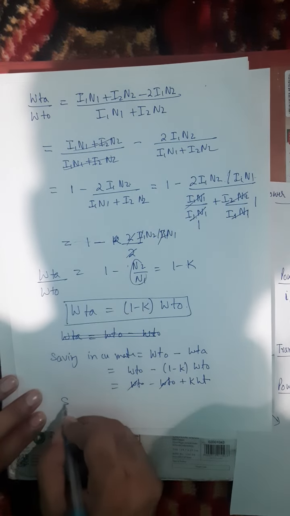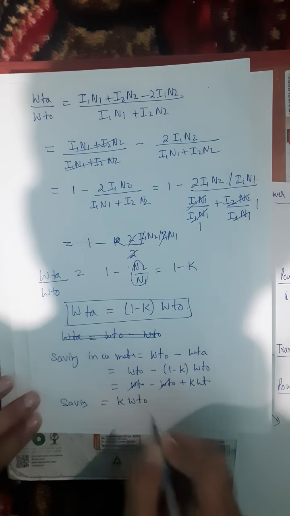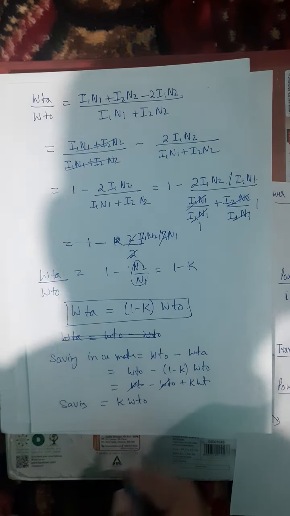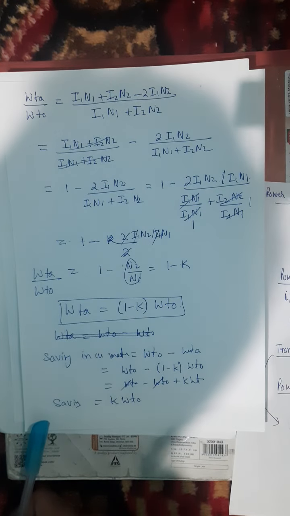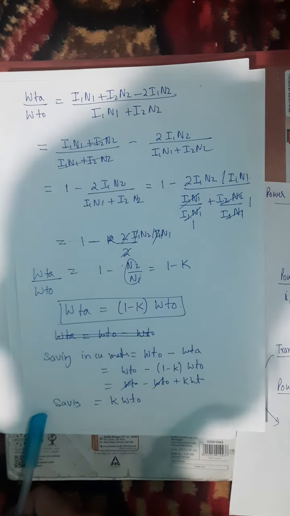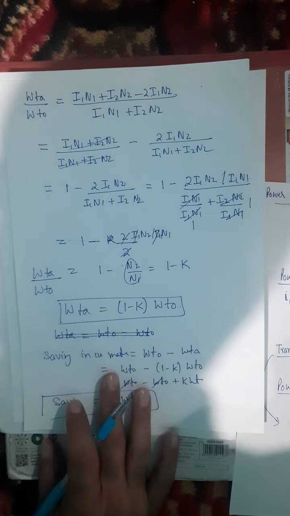So the saving of copper material is nothing but K times the weight of the material required in the two winding or ordinary transformer. You see how much copper you have saved.